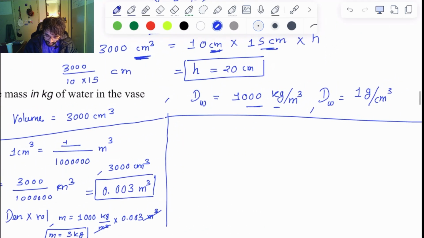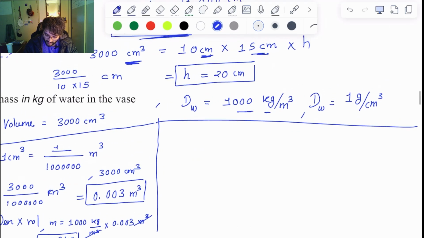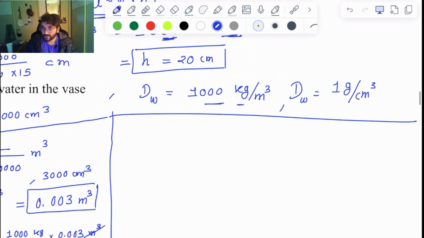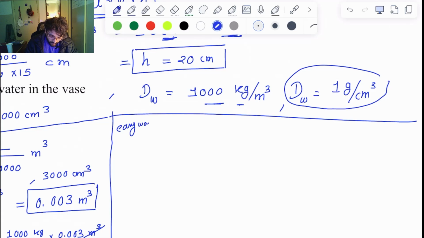The second way is to use the density as 1 gram per centimeter cube, and not convert centimeter cube to meter cube.